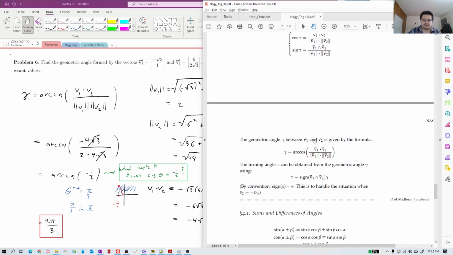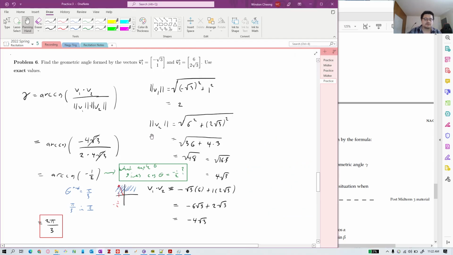So the geometric angle between two things is given by this formula, arc cosine of the dot product of the two vectors divided by the product of their magnitudes. So what we need to compute is the two magnitudes and also the dot product, and then insert them into here and have things simplify so that we can actually figure out the arc cosine of the ratio of sides actually.